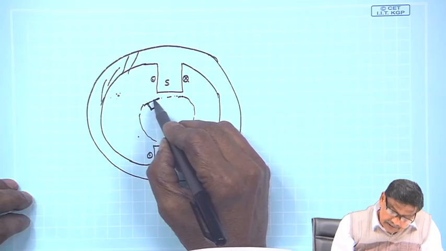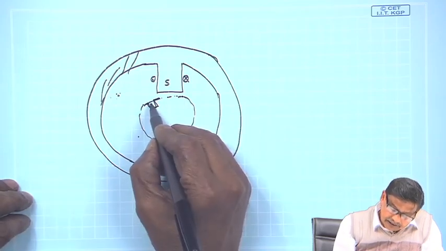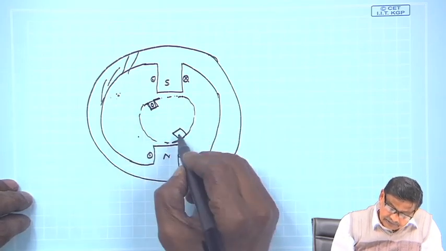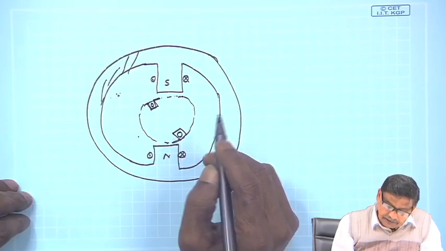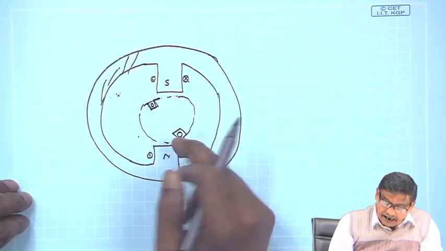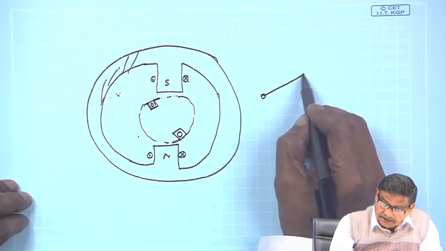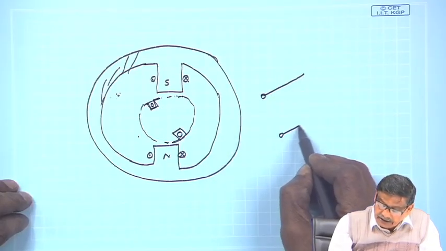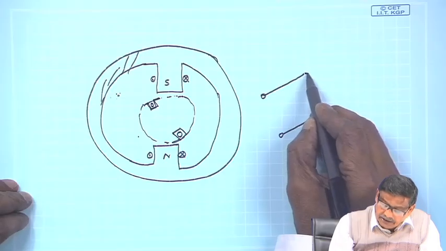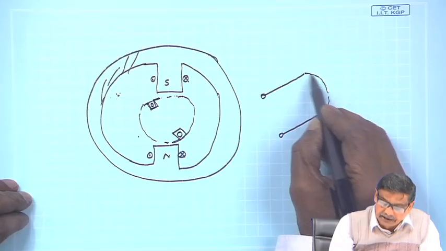Here I will connect one conductor and another conductor there. This conductor at the back end I will join them, that is, this conductor runs like this, this conductor runs like this, and I will join them in the backward direction.